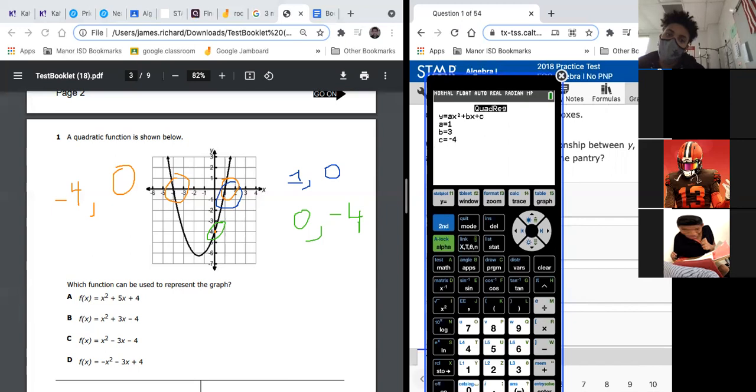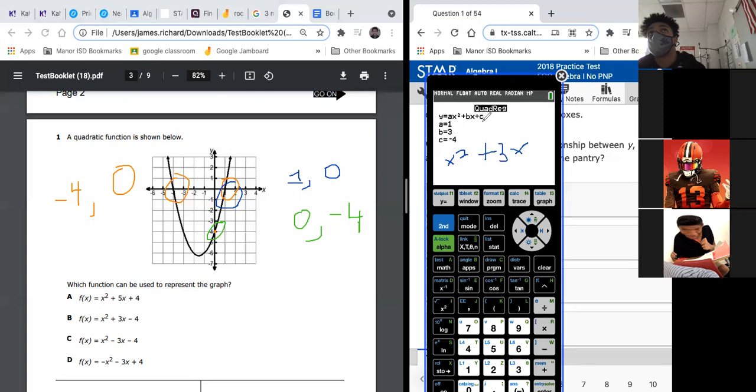So what that means is our equation, you plug in the numbers for a, b, and c. So 1x squared plus, plug in b equals 3, so plus 3x. And then the last number, it says c equals -4.